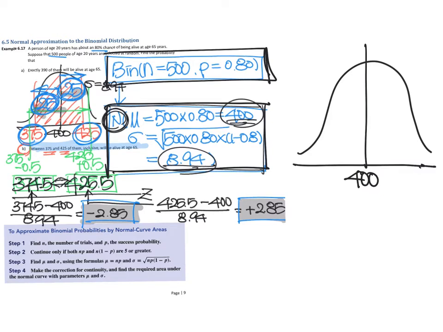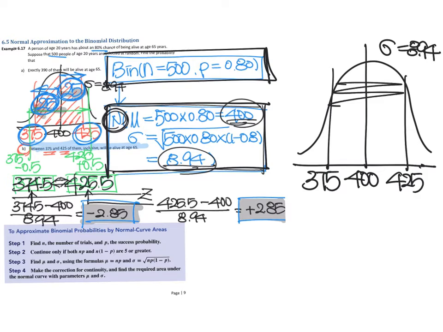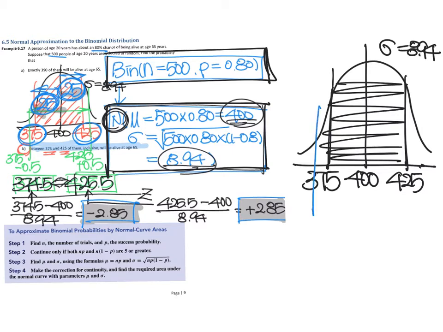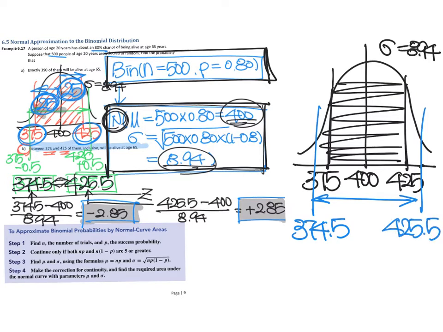It's 400, and the standard deviation equal to 8.94, and we need the probability between 375 and 425, but for the approximation, we have to adjust this a little bit, so we just make the wider range between 374.5 and 425.5.